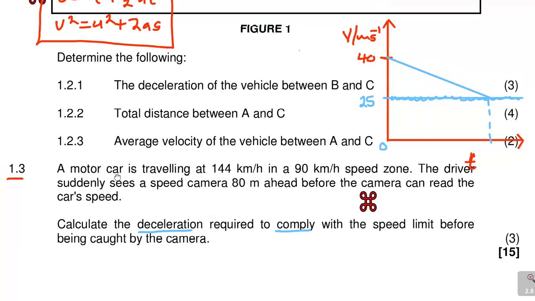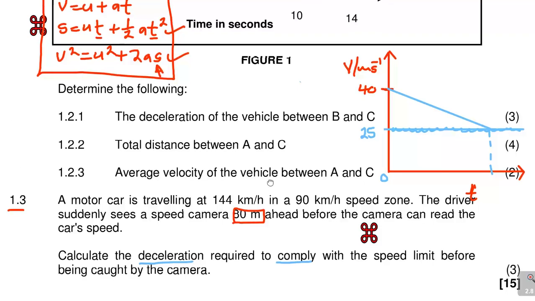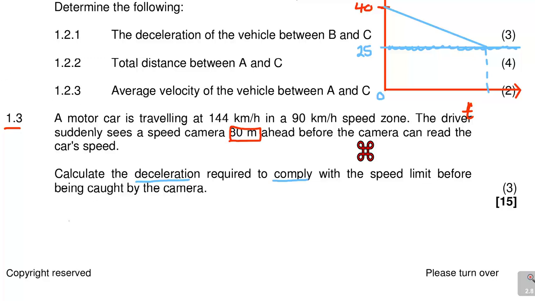So now if you come back to our formulas here, deceleration or acceleration, and that is linked to 80 meters, which is this distance. You've got two equations, the first one and the second one. The first one has to deal with time, but since we're not told what is time, we're given s, so I can use the second equation. The third one, which says v squared is equal to u squared plus 2as.